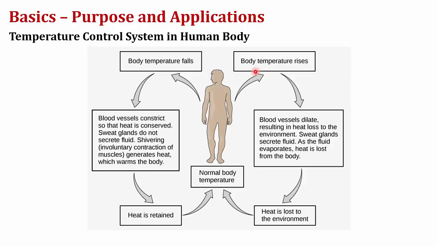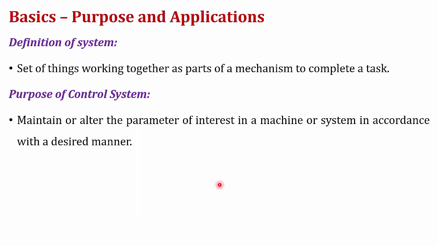Whenever the body temperature rises, the sweat glands open, and we get the fluid out, and the fluid evaporates and heat is lost, and we come to the normal body temperature. So as I mentioned earlier, it is the perfect intelligent control system.